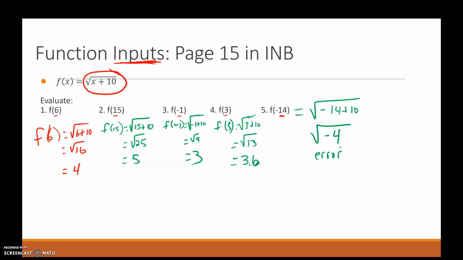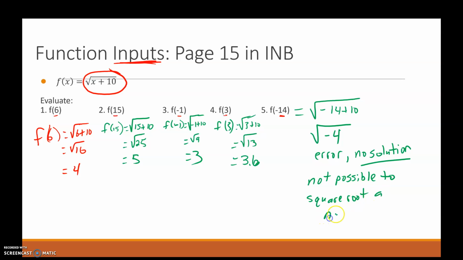The reason is there is no number that you can multiply by itself and get a negative answer. So this is no solution. Error is what the calculator tells you. In math, we say no solution. It is not possible to square root a negative number.